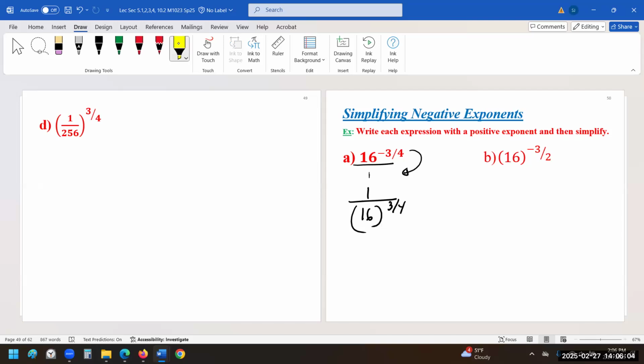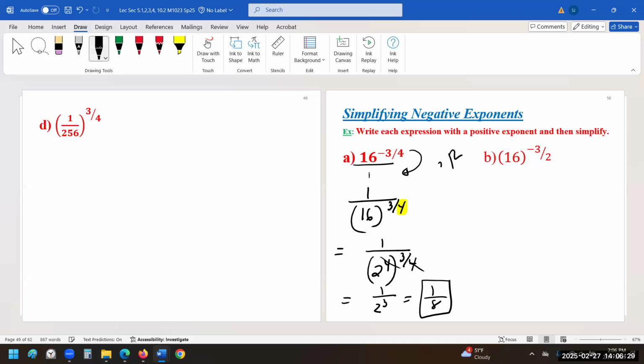And we cannot use 4 squared here because you're looking for the same number 4 times. So 4 squared doesn't make sense. Instead, we rewrite it as 2 to the 4th, to the 3/4 power. So they cancel out. We have 1 over 2 cubed, which is 1 over 8.